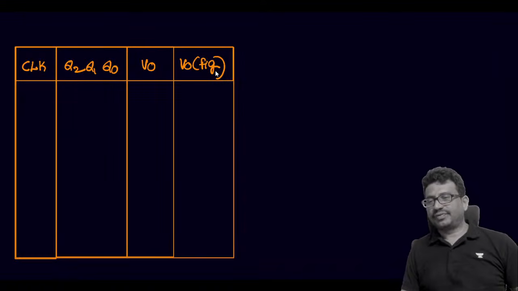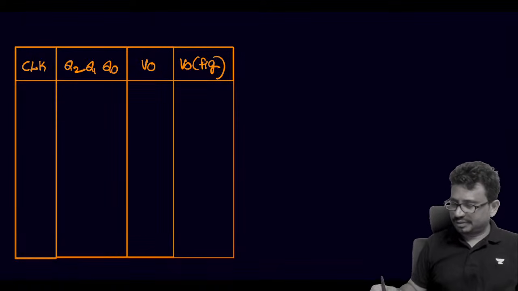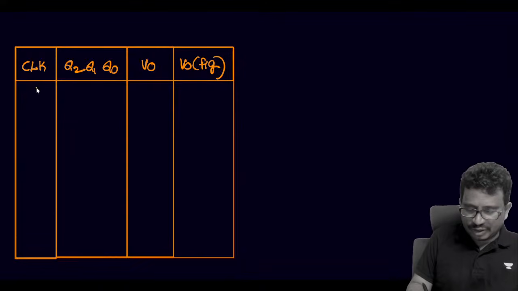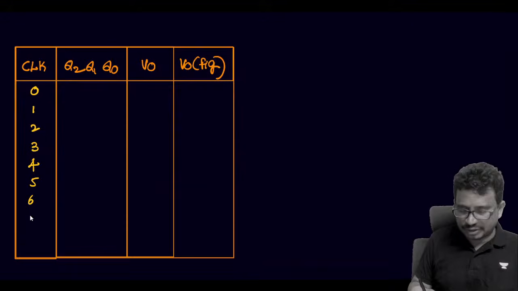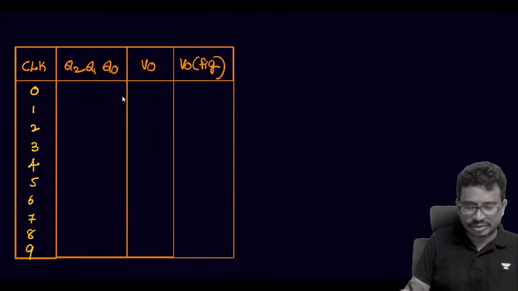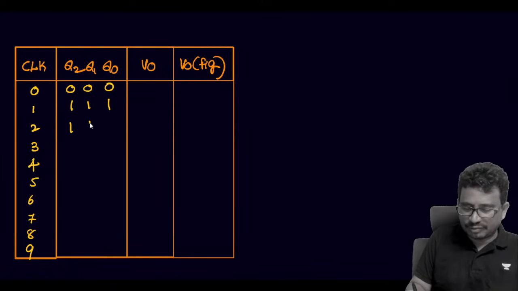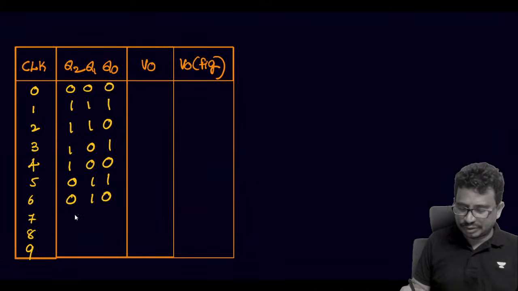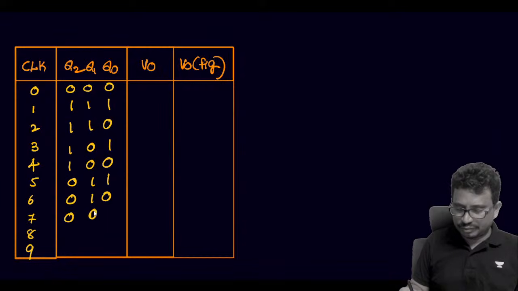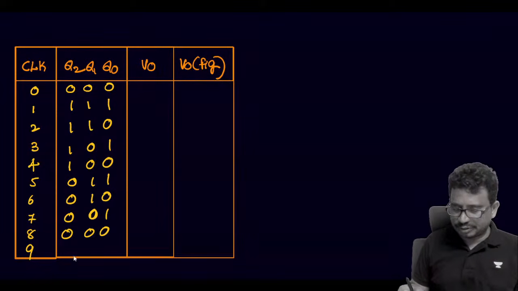We need to identify this. When we give 0, 1, 2, 3, 4, 5, 6, 7, 8, 9 clocks, tell me the down counter. Initially values are 0. Down counter will come as 1, 1, 1; 1, 1, 0; 1, 0, 1. The down counter has to decrement: 1, 0, 0; 0, 1, 1; 0, 1, 0; 0, 0, 1. So 0, 0, 0 will come.